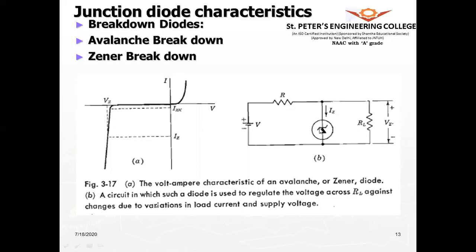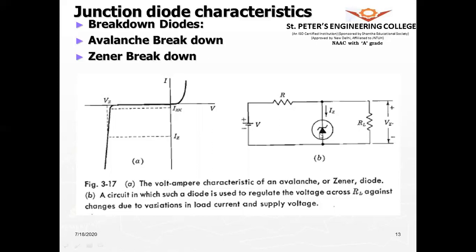As we know, this arrow head denotes the p type or the p side, and this side indicates the n side. Here we see that the negative is connected to the p type, so therefore it is in the reverse bias condition.